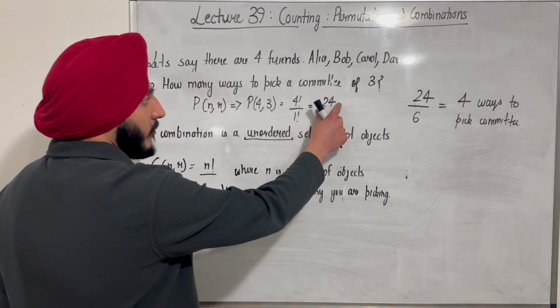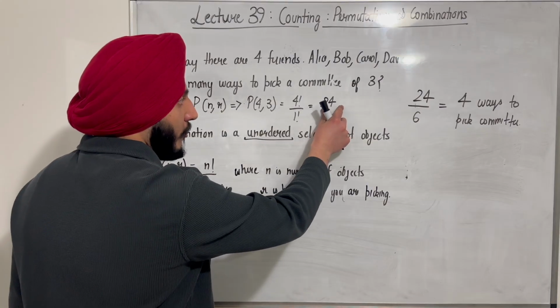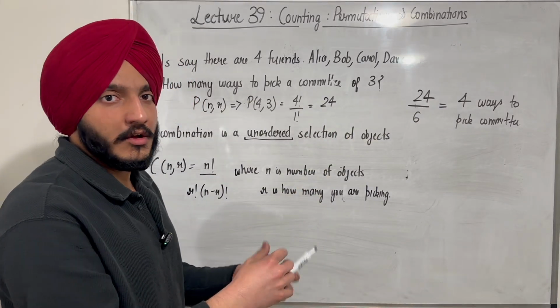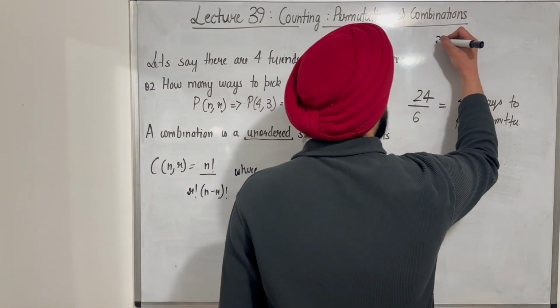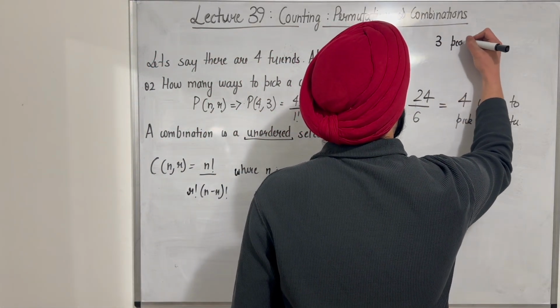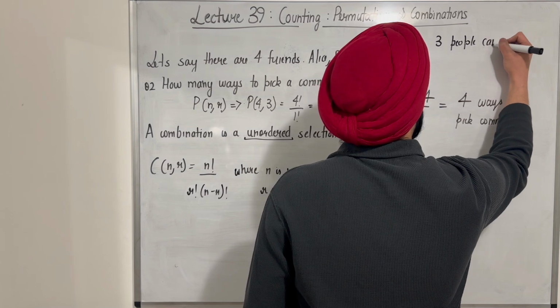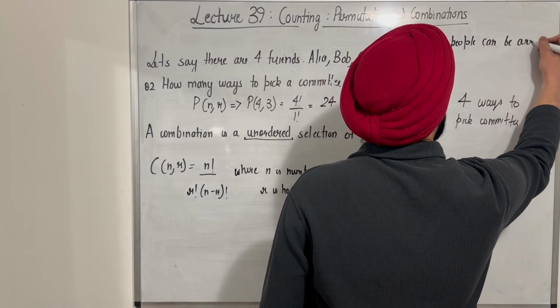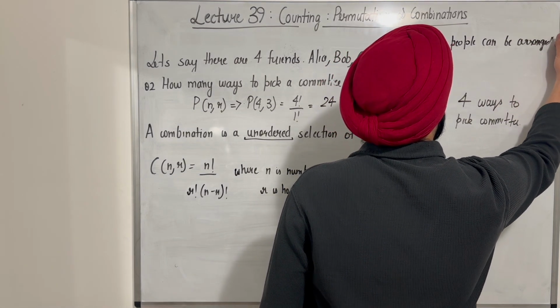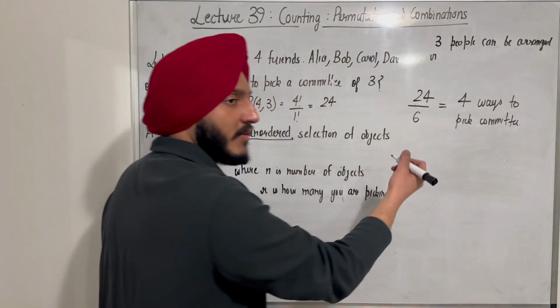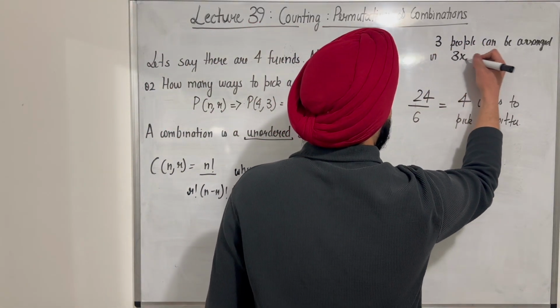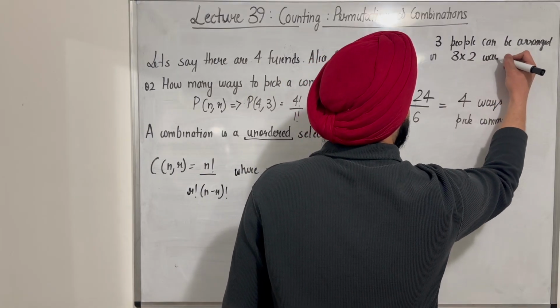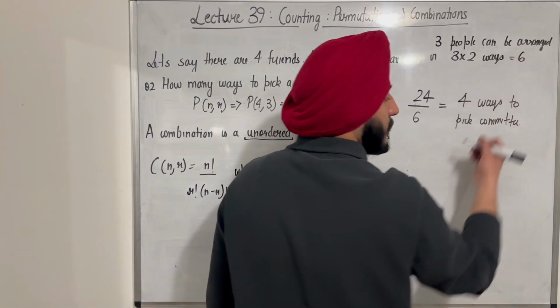So the problem is, now I have the count 24, and every group of 3 people that you pick can be arranged in how many ways? If you think about 3 people, right, they can be arranged in 3 multiplied by 2 ways, which is basically equal to 6 ways.